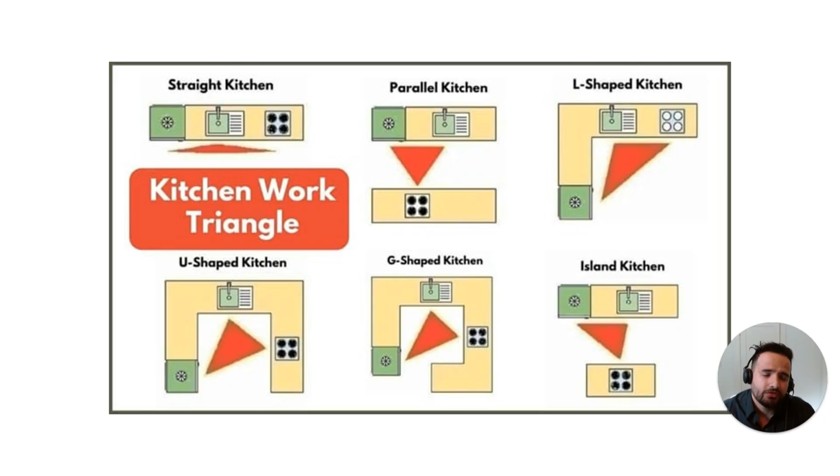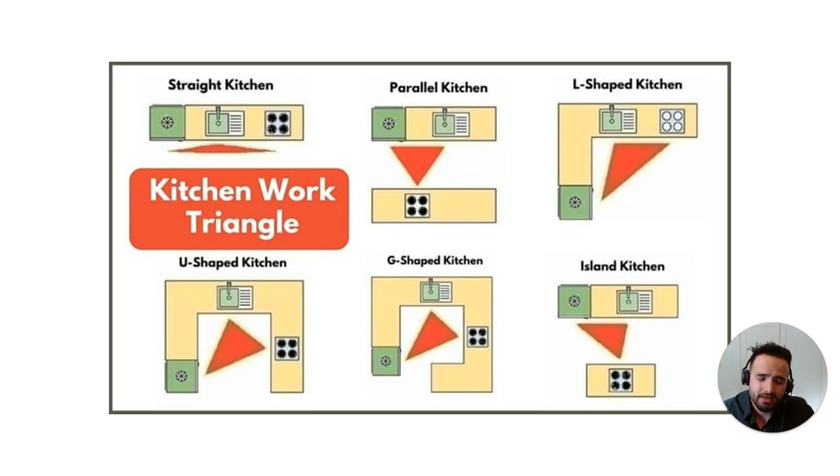Now let's look at the different kitchen layouts, whether it's linear, parallel, L-shaped, U-shaped, or island kitchen, the kitchen triangle applies to all. The triangle keeps your sink, stove, and fridge close enough for easy, efficient movement.